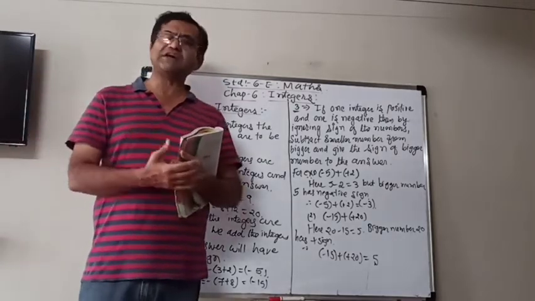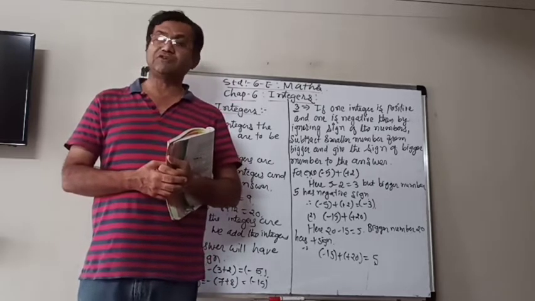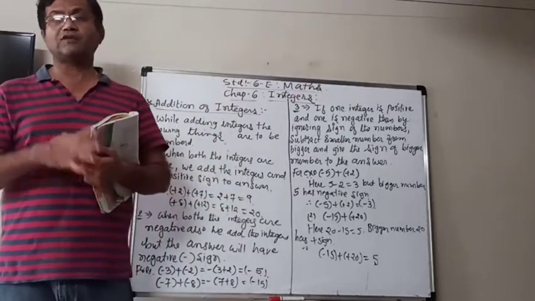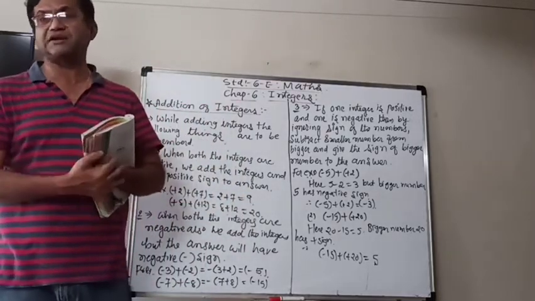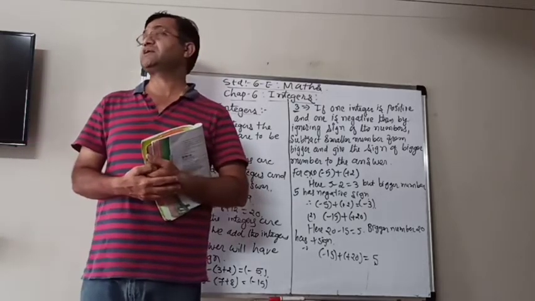If both the integers are positive, then it is not a problem. But when both of them are negative, or one of them is positive and the other is negative, at that time children are getting confused.